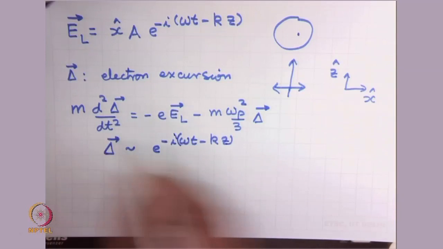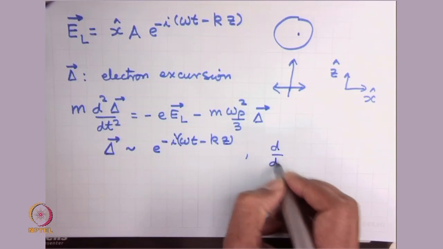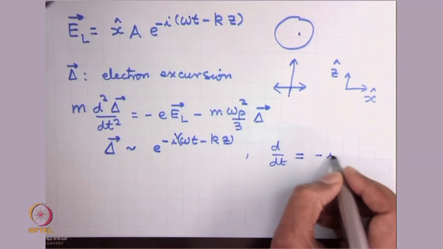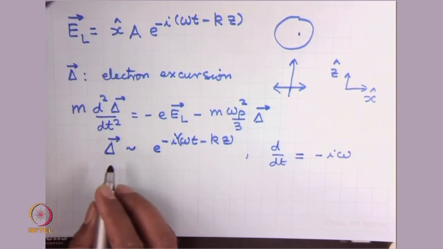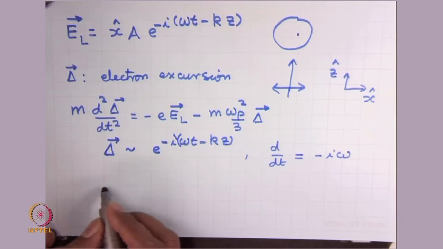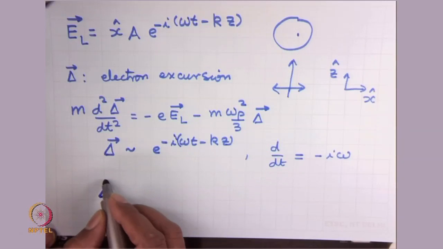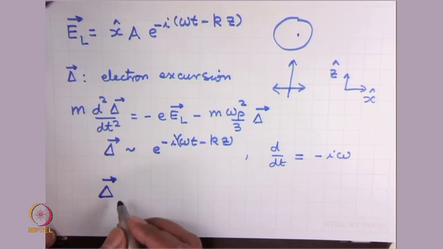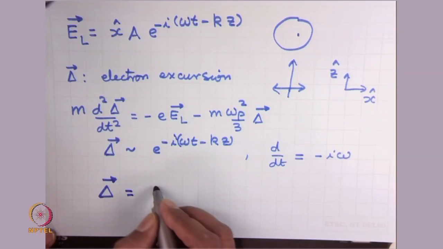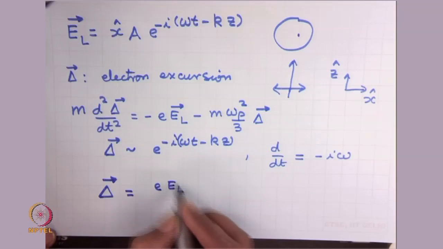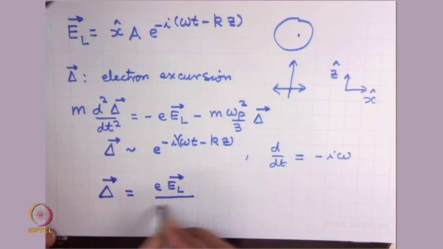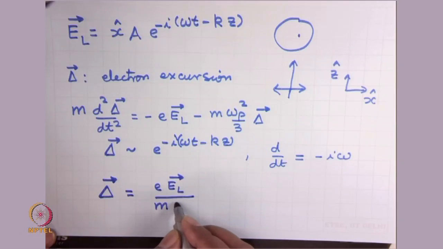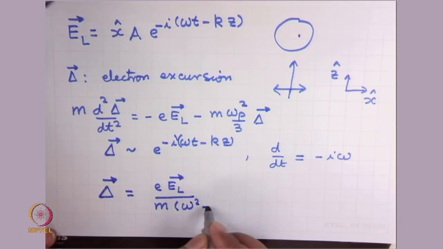So, replace d/dt by minus i omega, and that gives me delta, the displacement or excursion of the electron sphere with respect to the ion sphere, equal to e E_L upon m into omega square minus omega p square by 3.